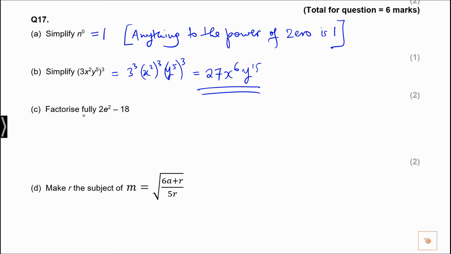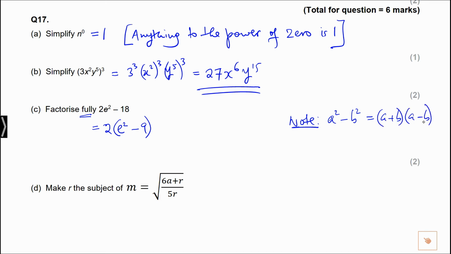Next question, we need to factorize this fully, so you have to be careful with that. So the common factor here is just 2, so we'll have 2 into e squared minus 9. Now you have to remember that if you have a squared minus b squared, that factorized is a plus b multiplied by a minus b.